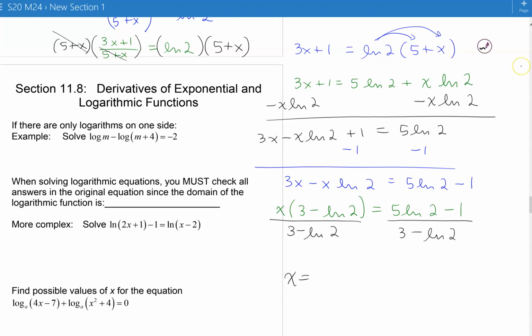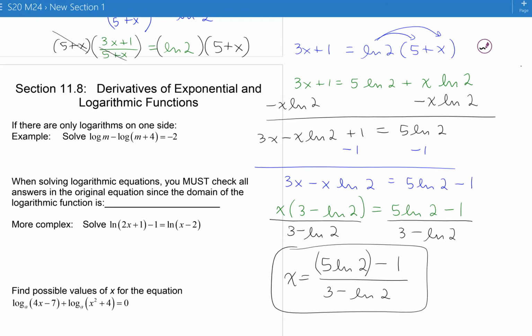So x equals 5 times the ln of 2 minus 1 over 3 minus the ln 2. So that's your final answer.